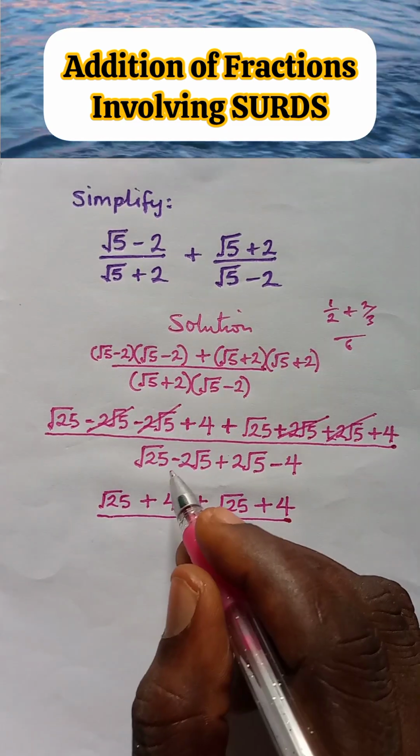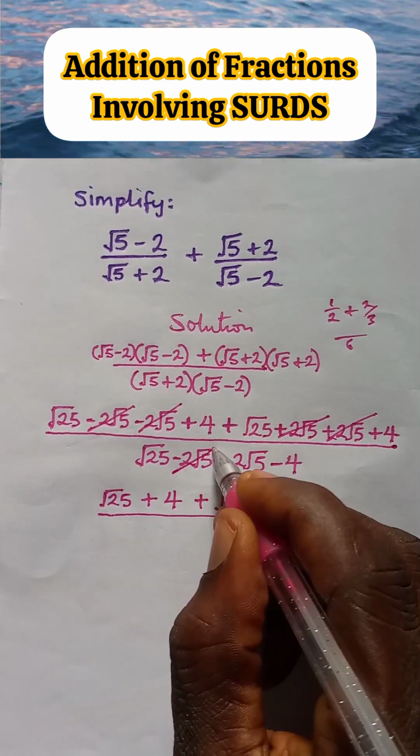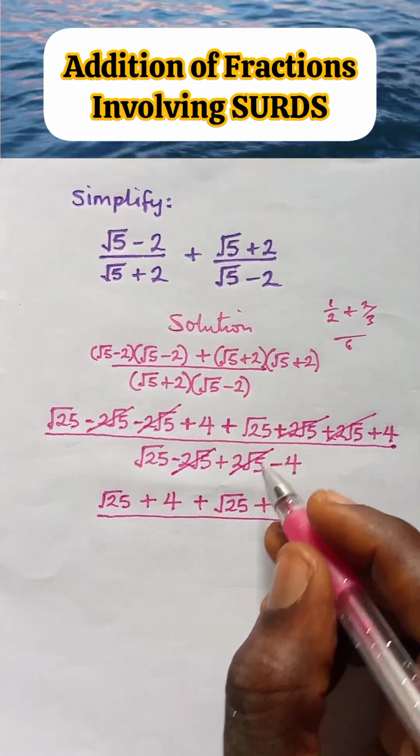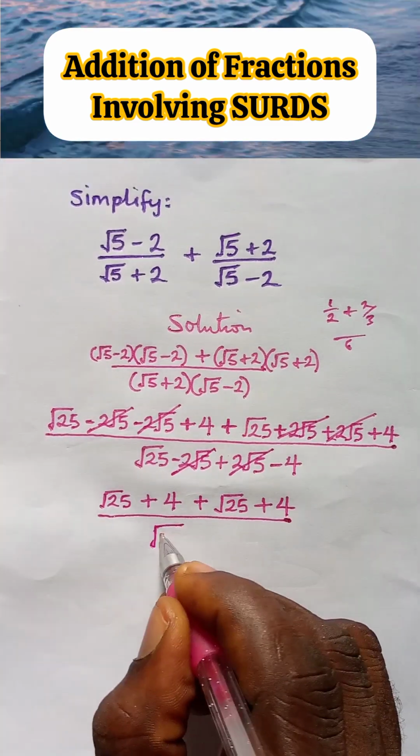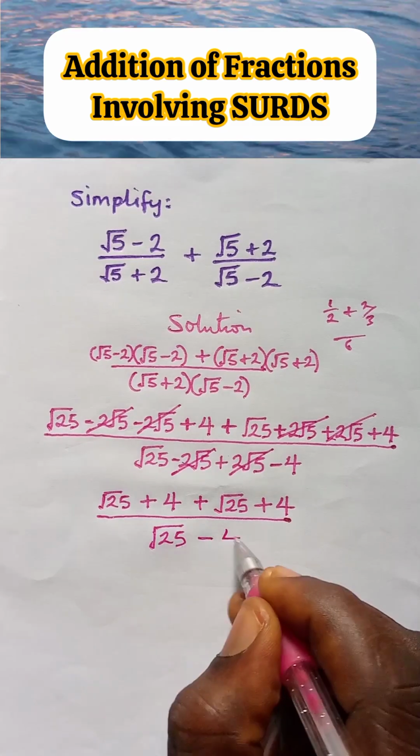Looking at the denominator, we have negative 2√5 and positive 2√5, so they will strike each other, so that we are left with √25 − 4.